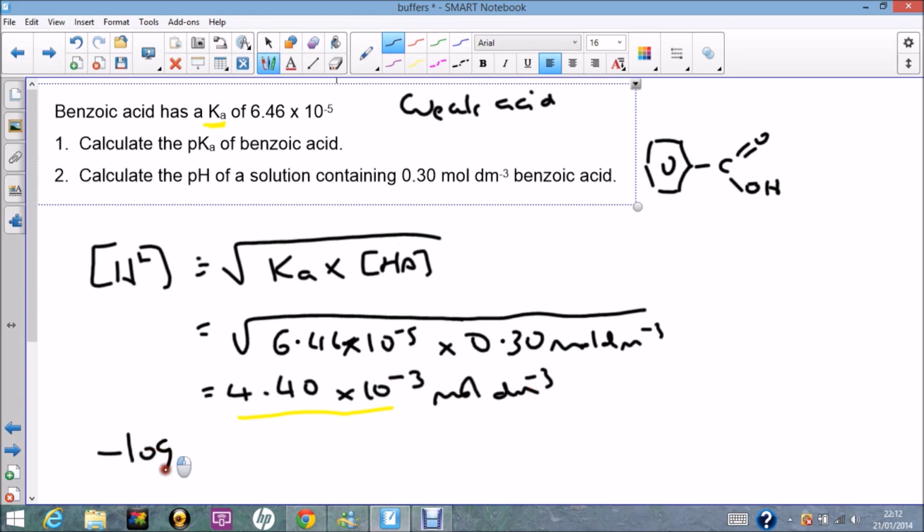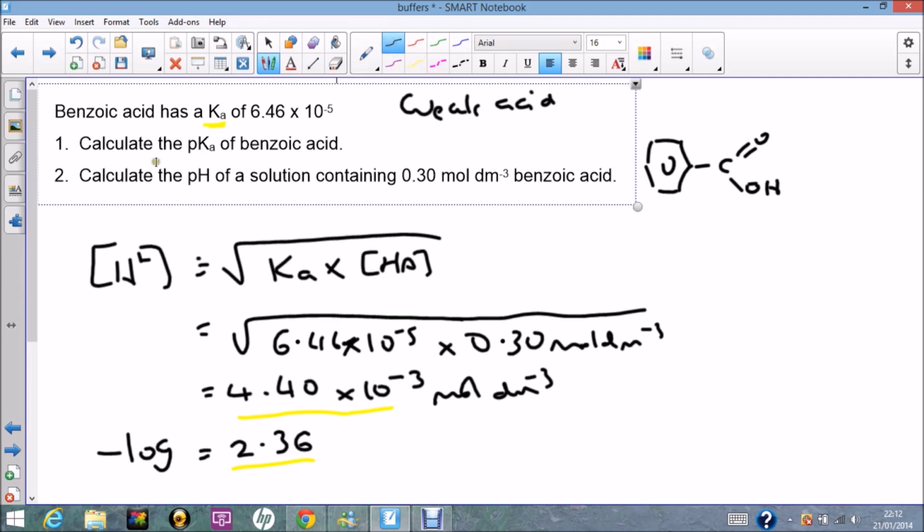And then we do minus log of the answer, which gives us a pH of 2.36. That will be a second mark in this type of question.